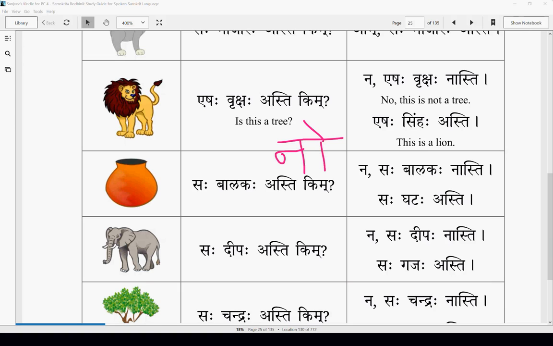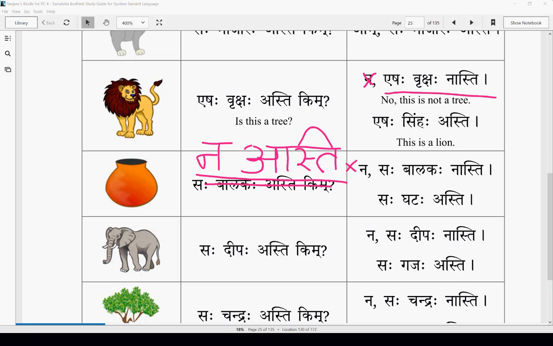"Na eshaha vrikshaha nasti." Here using nasti. This is made up of 2 words. So na and asti together. Na asti. So asti means is. Na asti means not there, right? Nasti.